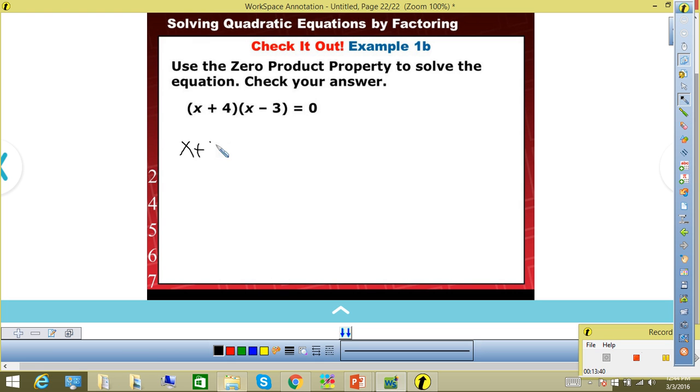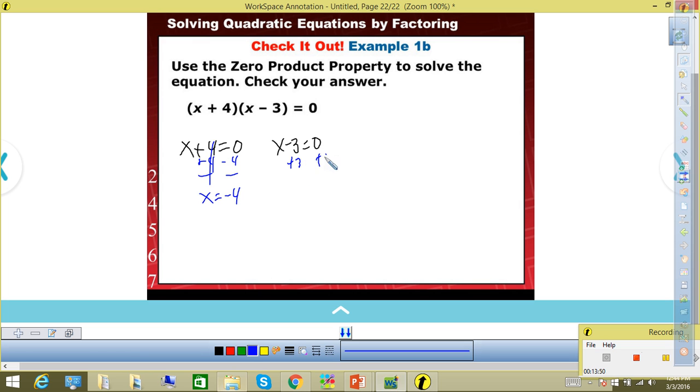ZPP: x plus 4 equal to 0, x minus 3 equal to 0, and we solve. Minus 4 minus 4, x equals negative 4; plus 3, x equals 3. These are my x-intercepts, my roots, my zeros, or my solutions.